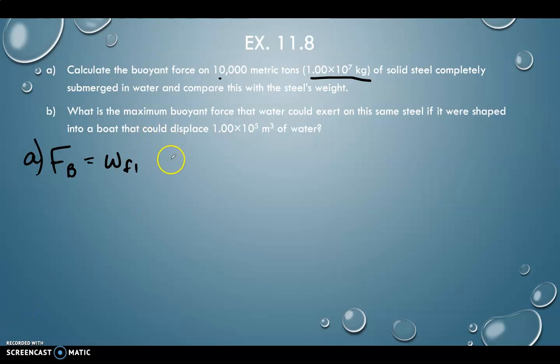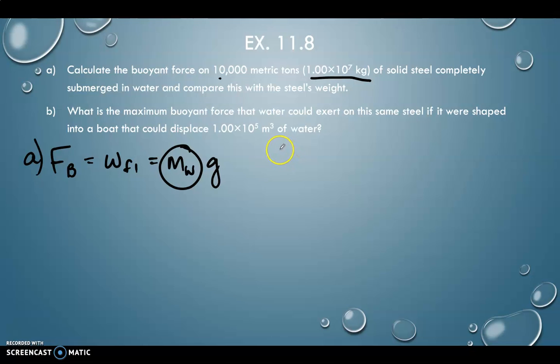Since we want to know the weight of the water, we need to know the mass of the water, and then we will multiply it by gravity. So this is going to be a few different steps. We need to find this mass of the water.